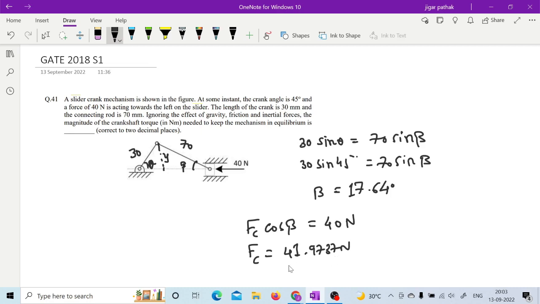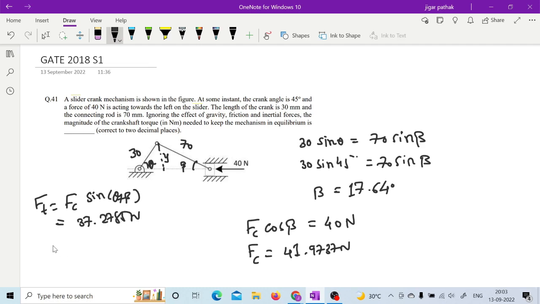So once you have this Fc, which is force along the connecting rod, then you can calculate this Ft. This Ft is Fc sine (theta plus beta), right? So you have value of theta and beta both, and you have calculated Fc also. So this Ft will be around 37.2785 Newton.